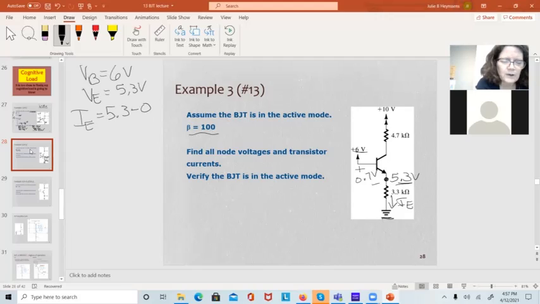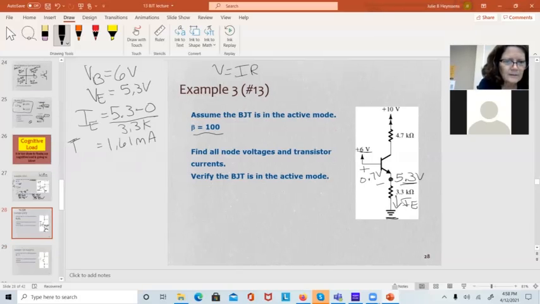V equals IR. Sorry, I equals V over R. R goes on the bottom, 3.3K. We can calculate IE. It is 1.61 milliamps.